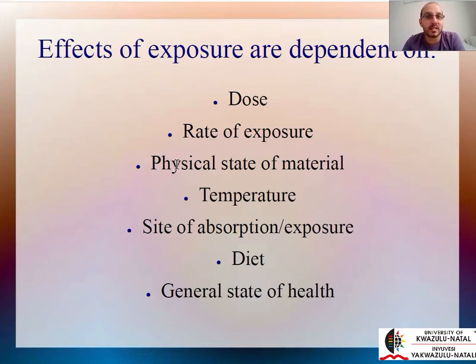However, if you melt them down into a liquid state or vaporize them, then they can become very toxic. It also depends on the temperature as well as the site of absorption or exposure. Certain chemicals can be fine if spilled onto your hand. However, if ingested or inhaled, then they can become a very dangerous toxic hazard.